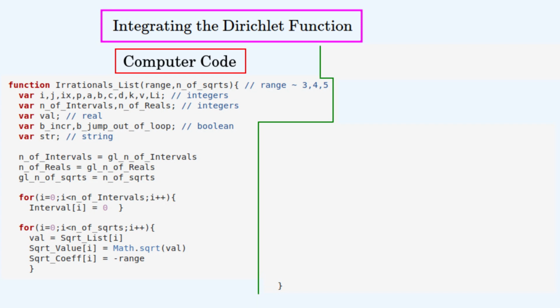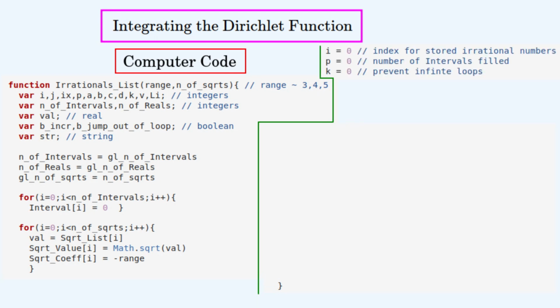We'll set the coefficient corresponding to this square root to be minus range, because that will be the initial value that we'll start with. We'll set these indexing variables that perform the same functions as in rationals list. I is the ith real number found, P is the number of intervals filled, and K is a special variable used to stop the while loop cycling infinitely.